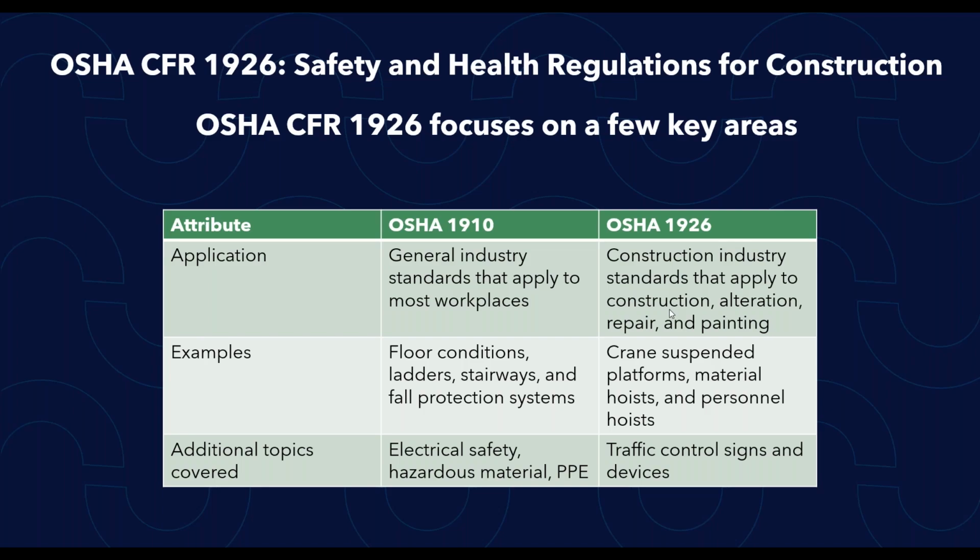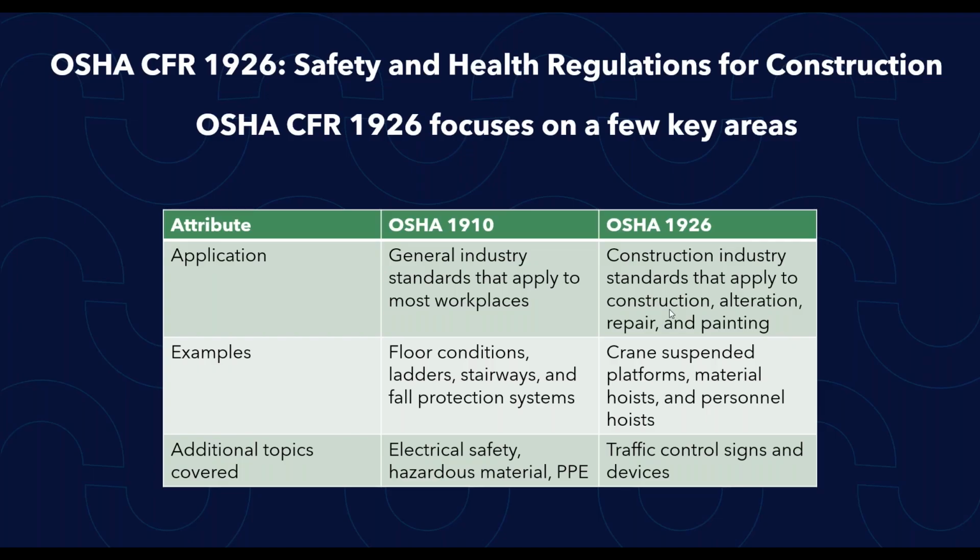There are also additional areas of focus and coverage in 1910 around electrical safety, HazCom, hazardous waste, and global harmonization, for example, PPE requirements of factories and inside areas like confined space and that kind of stuff.